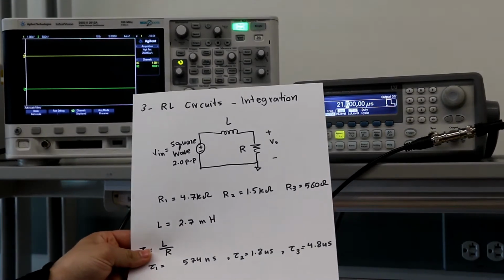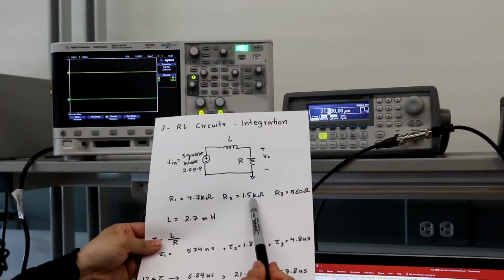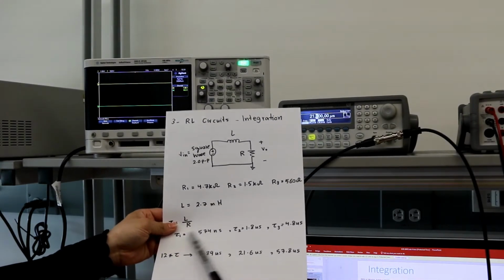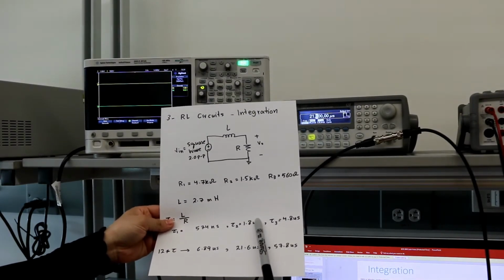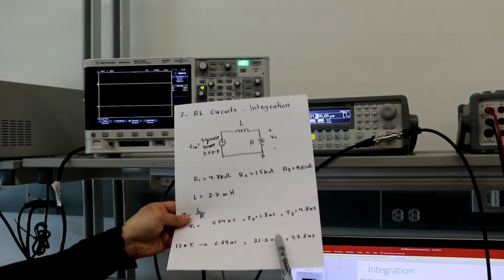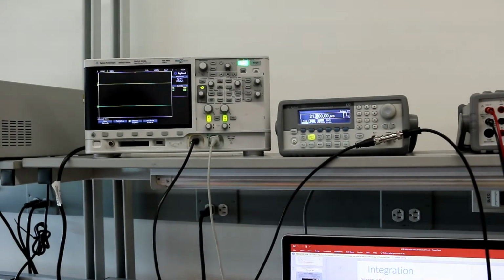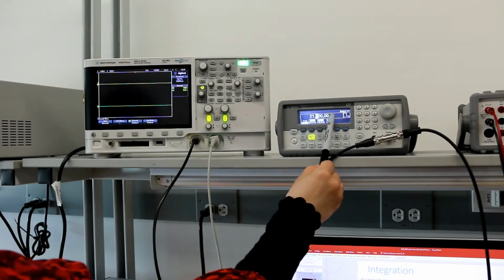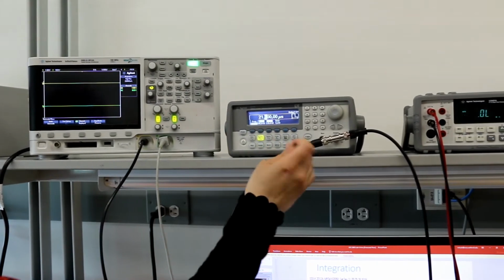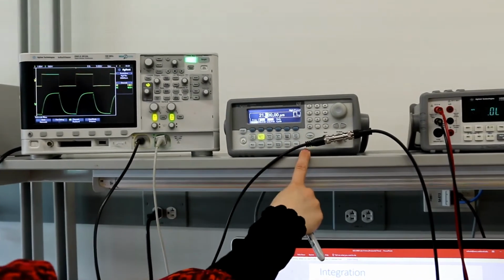So for the circuit I'm using, it's the 1.5 kilo ohms and 2.7 millihenry. Tau is 1.8 microseconds, and 12 times tau is 21.6 microseconds. So the period here is 21.6 microseconds.